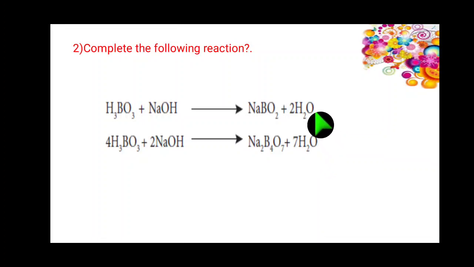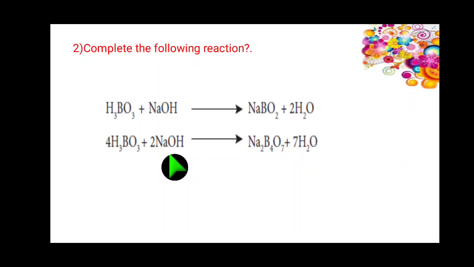The equation is already balanced, right? For balancing this equation, first you see the hydrogen. Left side 3 plus 1, 4 hydrogen. So right side we have to write 2H2, then only 4 hydrogen. Remaining elements are balanced.